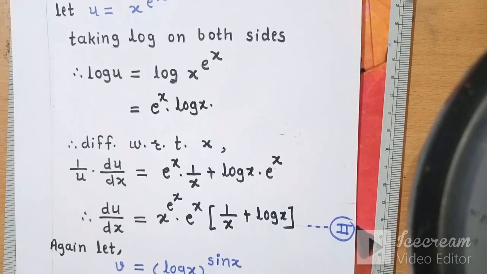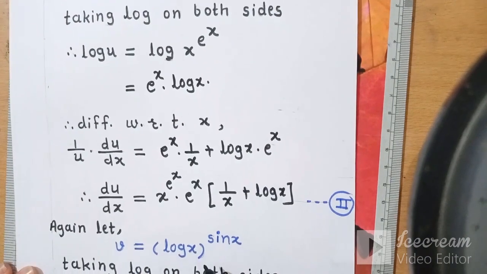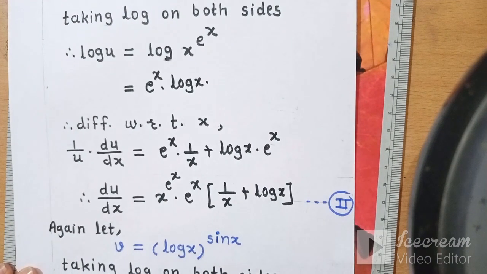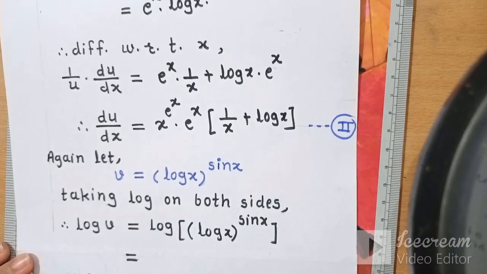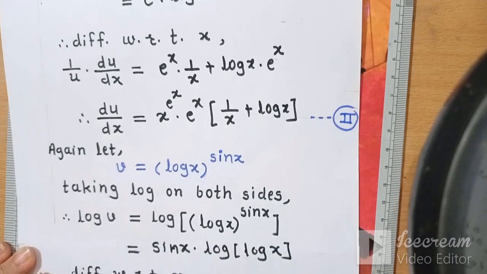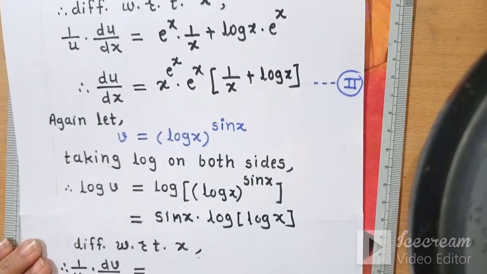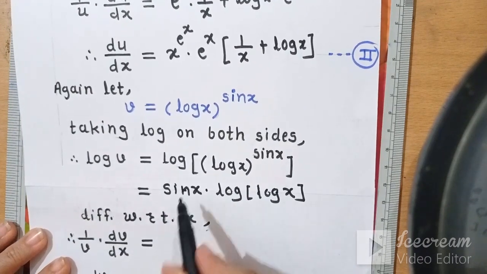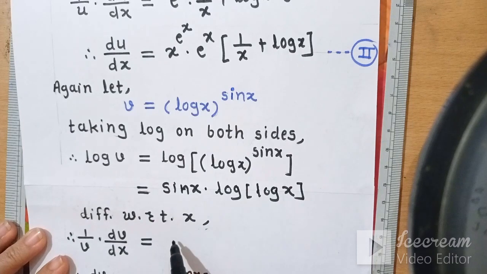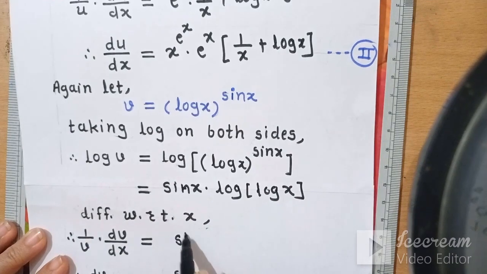Now let's assume the second function as v is equal to log of x raised to sin x, and again taking log on both sides, we have this, again we will take the index here, so sin of x into log of log of x. Now again differentiating with respect to x, we have 1 upon v dv by dx, and here also we will write the first term as it is, that means sin of x.